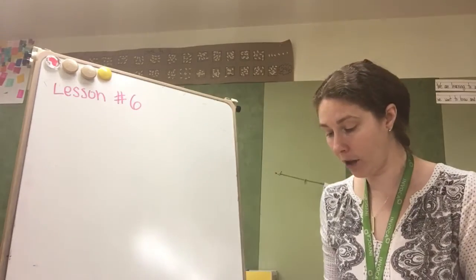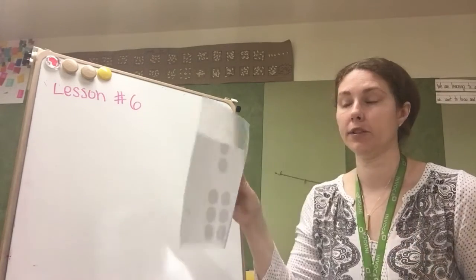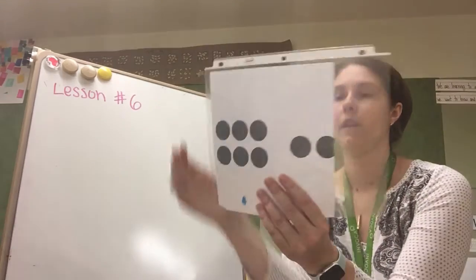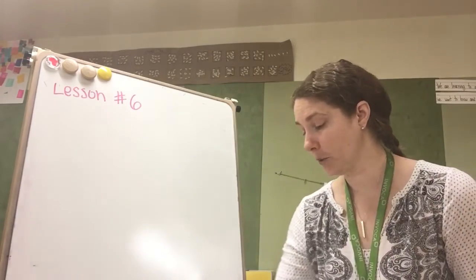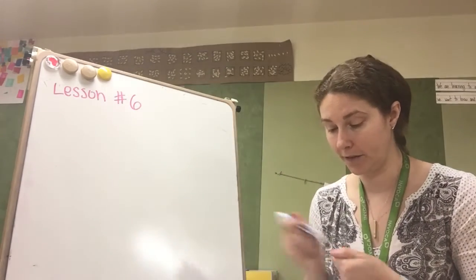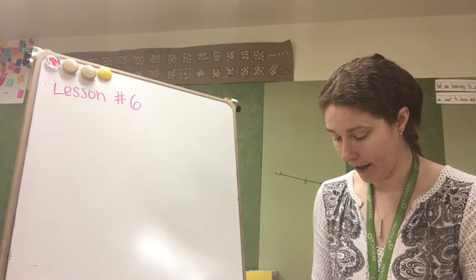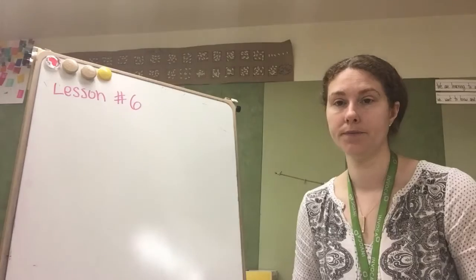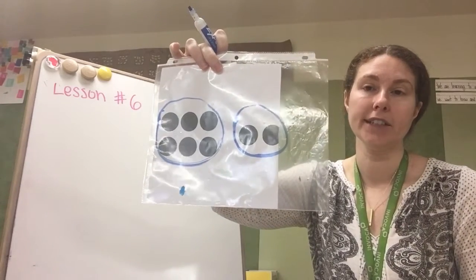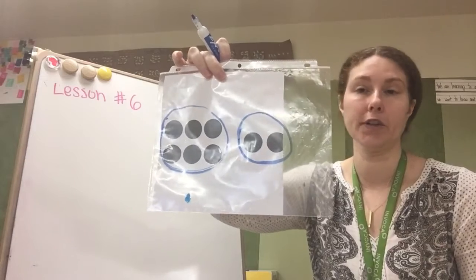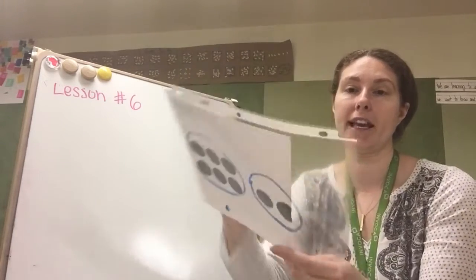Okay, and I have a couple in the clear casing so that we could circle them. So what do we see here? Yep, this one's pretty clear because there's a big division in it. So I'm going to circle the 6 and I'm going to circle the 2. 6 plus 2 equals 8, or 6 and 2 equals 8, or you can do it the opposite way. 2 and 6 equals 8. 2 plus 6 equals 8.